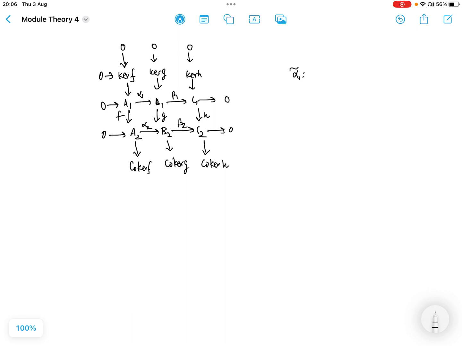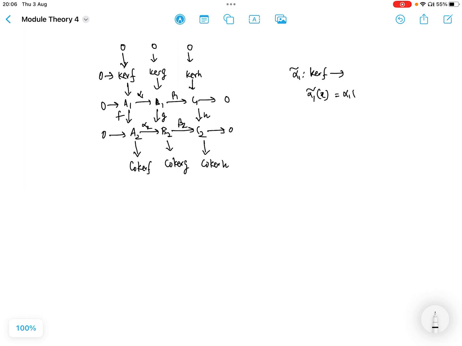So this is just alpha 1 with a restriction that the domain is the kernel of F. And let's see what the image is. Let's find out the image. So take an element from the image. It will be alpha 1 tilde of some element x. So x is coming from the kernel of f.